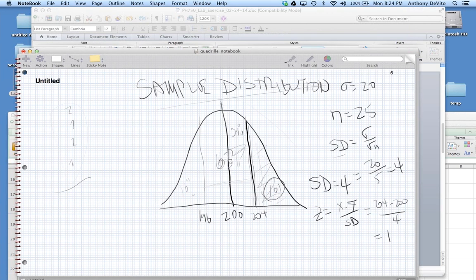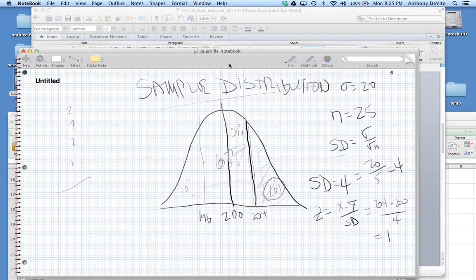In other words, half the time the samples would have a mean below the population mean, half the time a mean above the population mean. Does that make sense to everybody? What we're looking at here is the way it would look if we took repeated samples over and over again of size 25.